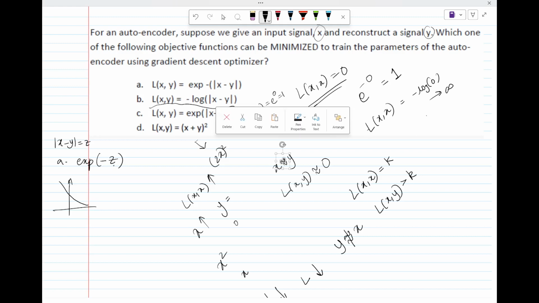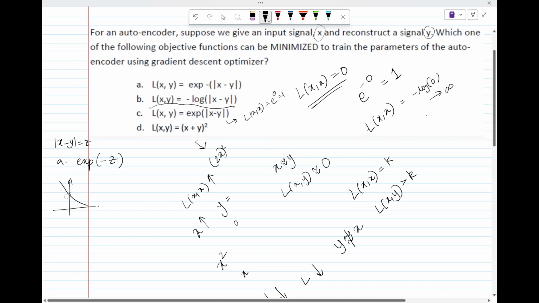So if z is small, then my value is high, and if z is big, then my value is low. So this I don't want to use. So I've discarded A and D.